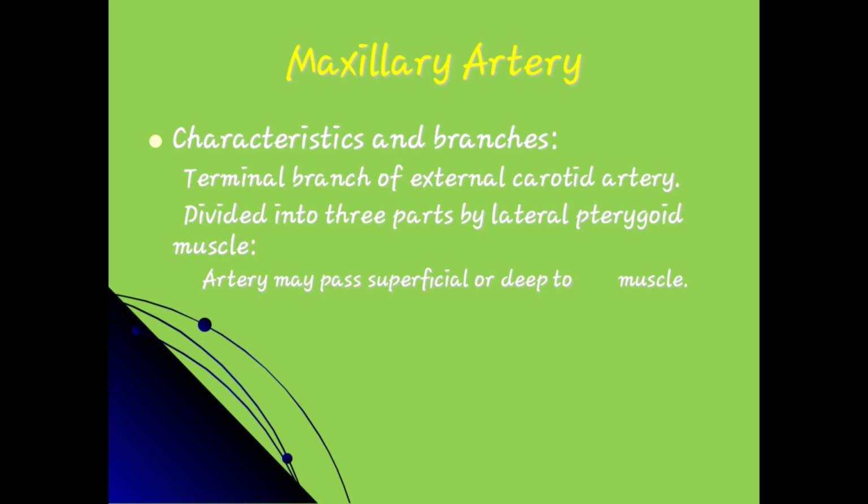It's the terminal branch of the external carotid artery; you can say it arises from the external carotid artery. This maxillary artery is divided into three parts by the lateral pterygoid muscle.